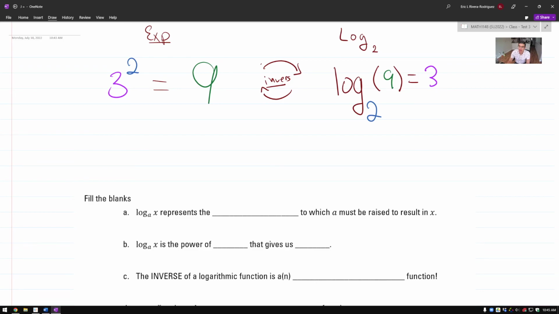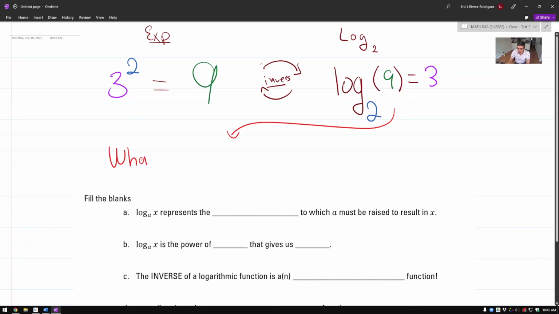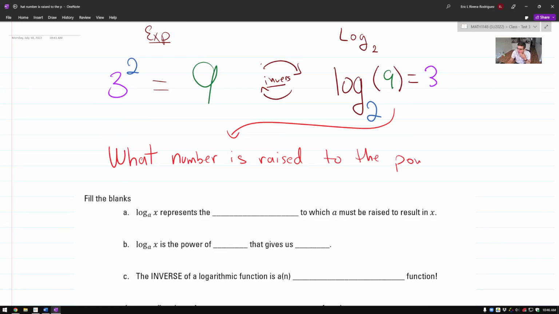The question is: what number is raised to the power of the base?